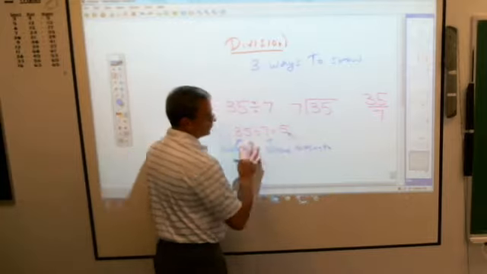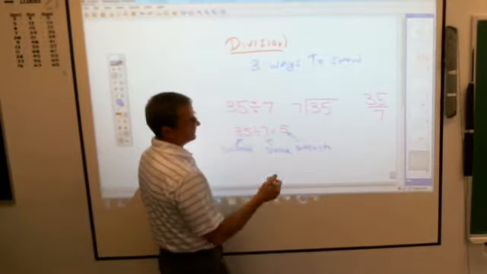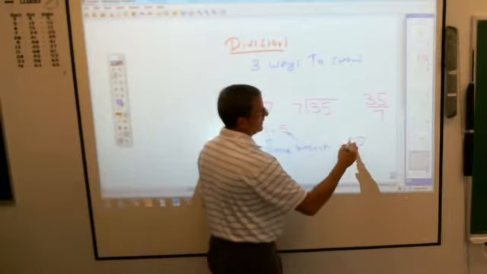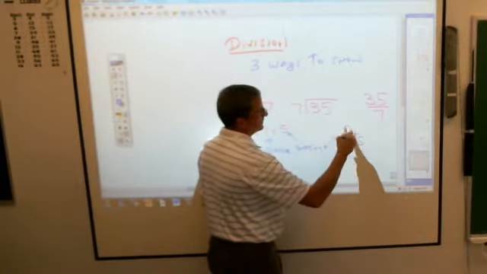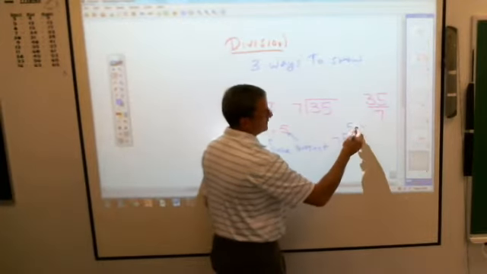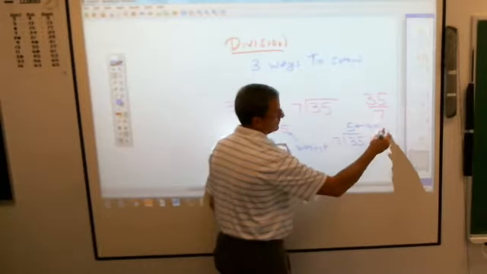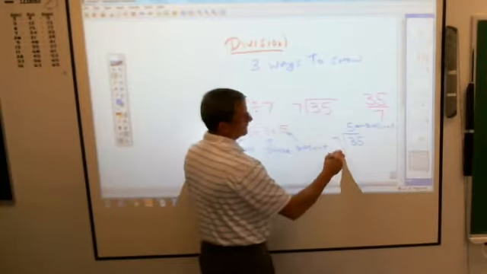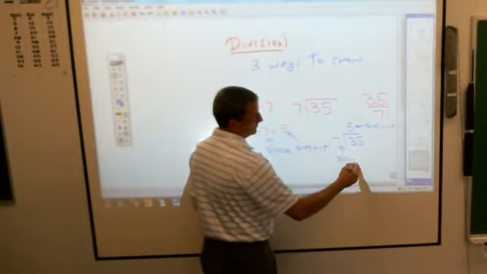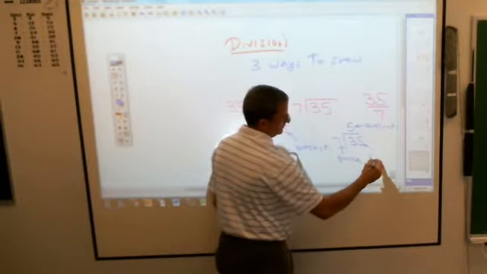Now, even though these words are the same, when you have the problem like this, they kind of shift places. If you have the problem like this, 35 divided by 7 is 5, the quotient is up here. It's still the answer. The divisor ends up being out here. And this little guy is the dividend.